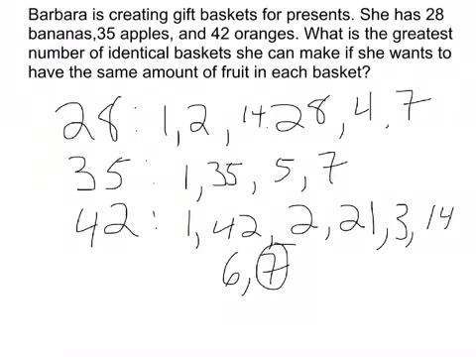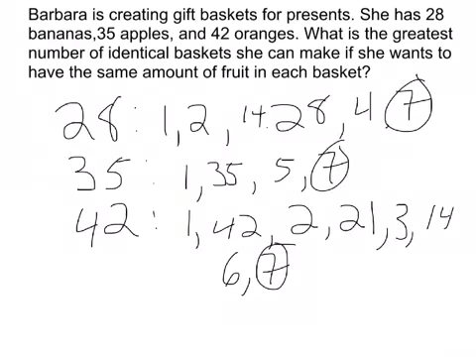And again, it's 7. So what that means is the question's asking, what is the greatest number of identical baskets she can make if she wants to have the same amount of fruit in each basket? By finding the GCF, we know that she can have 7 bananas, 7 apples, and 7 oranges in each basket.